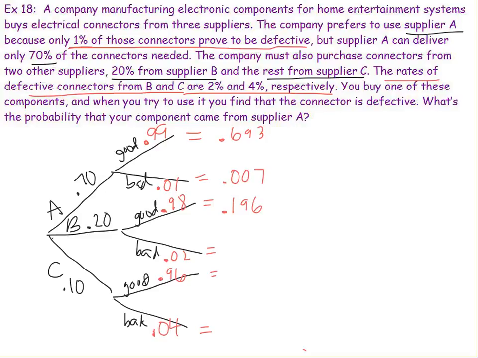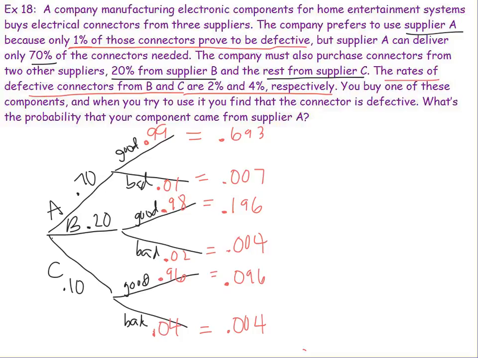Supplier B and bad comes out to be 0.004. And finally, supplier C and good is 0.096, and supplier C and bad is 0.004. And again, add them all up, they should add up to 1.